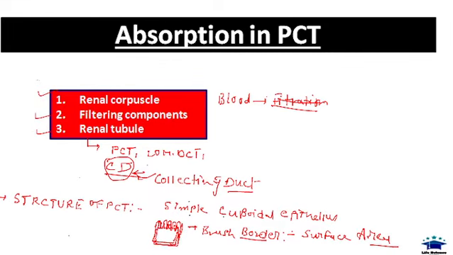This is the structure of the PCT cells: simple cuboidal epithelium which has a brush border to increase surface area on the apical side. This is the apical side, and this is the basolateral side.